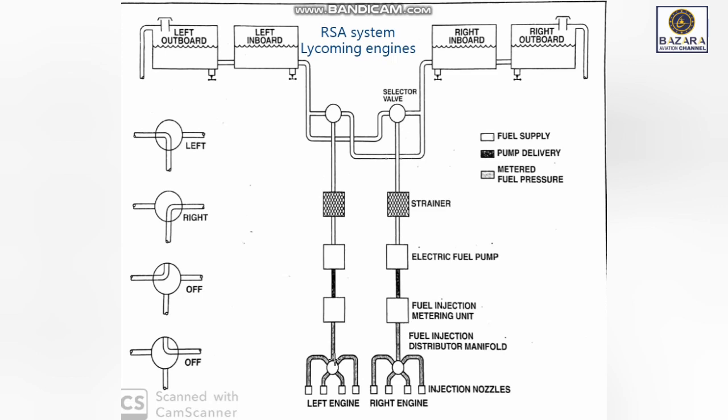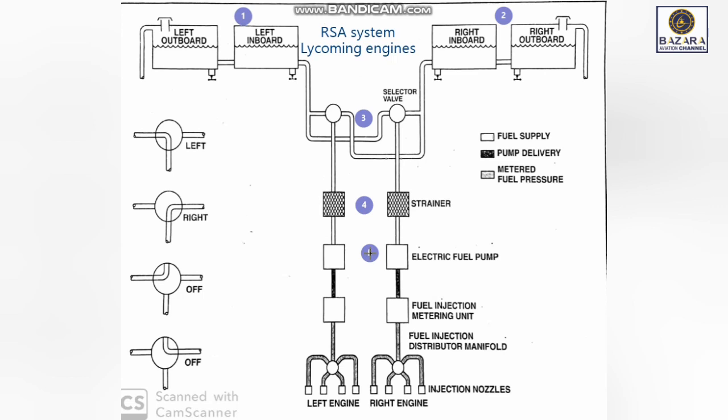Here we have a multi-engine aircraft, and it consists of two tanks in each wing, two selector valves, one for the right engine and the other for the left engine, and two strainers also, one for the right engine and the second one for the left engine.